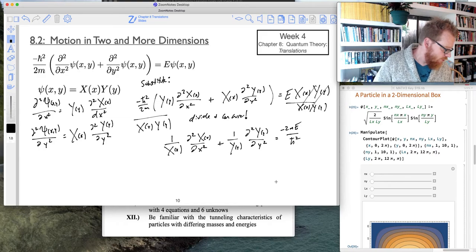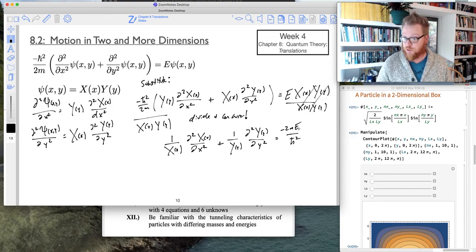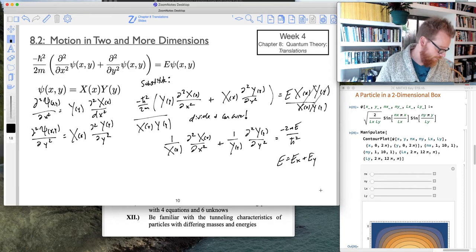Okay? So now what I can also establish is the following. I can establish that my solution here for e, my eigenvalue, it's going to be a linear sum of the two solutions in x and y, all right? And so what I can also do because of that here, okay, I can now just separate these two things.